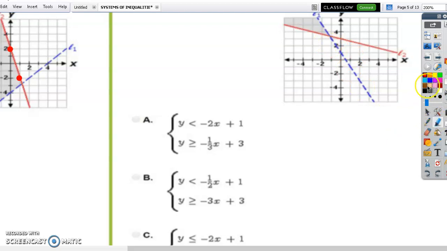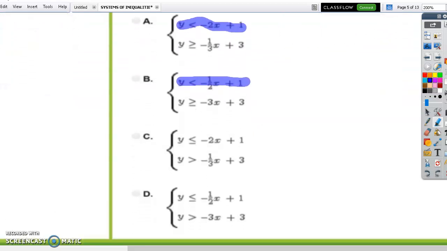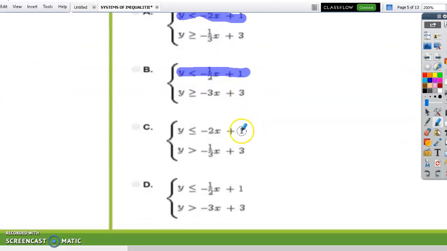Let me quickly highlight. I'm only doing this so I don't get confused. Our blue line is dashed, and so therefore we should not have a line underneath it.